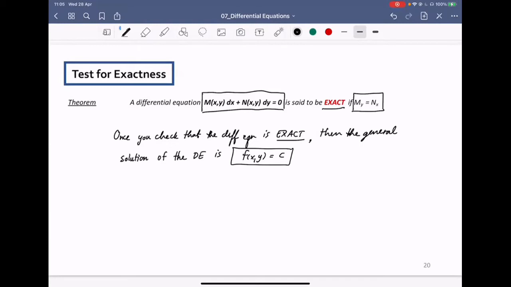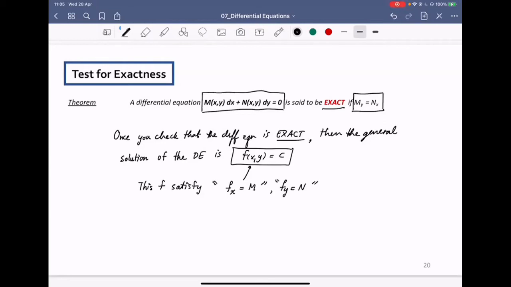To find the function f, it is going to be the function that you differentiate with respect to x and get M, and if you differentiate with respect to y, you get N. This function f satisfies the two conditions here.